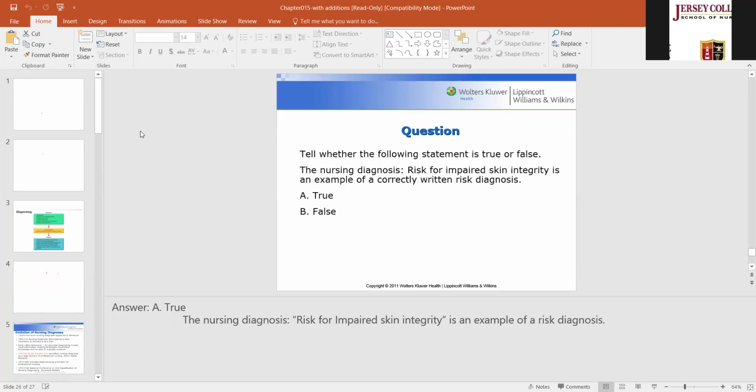Because remember, you can't use a medical diagnosis, and I think incontinence might be considered one. Okay. Oh, it says risk diagnosis. Okay, that makes sense.